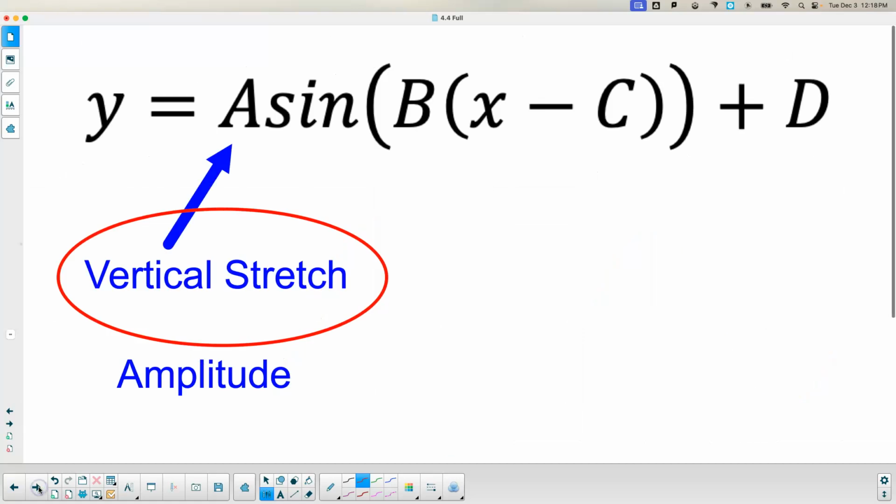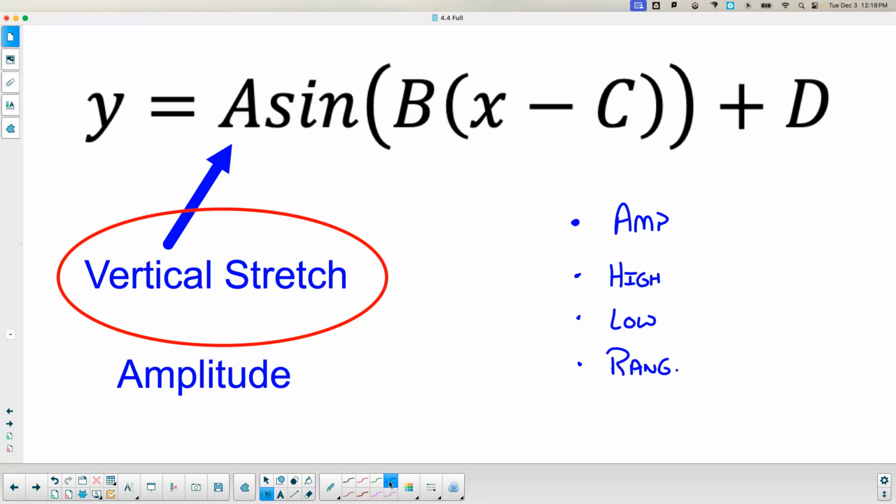All right, let's get into it. The nice part is you can just do all of these on your own. So A, as I said, was the vertical stretch. It comes from the amplitude. It tells us the amplitude. So the things that we can get out of it are the amplitude, the high, the low, and the range.